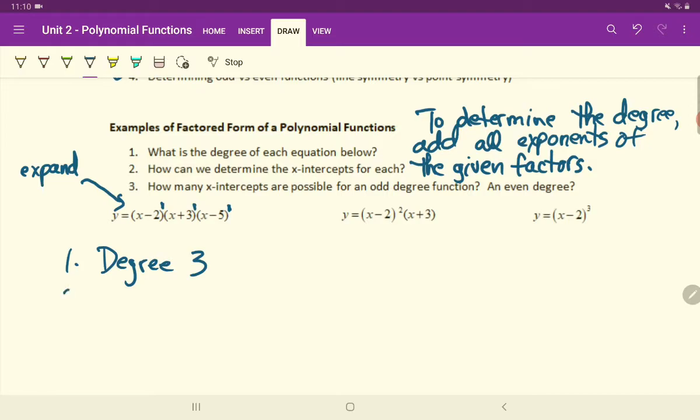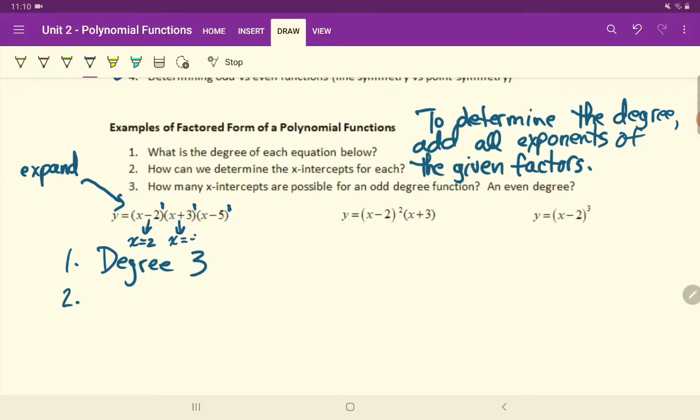Number 2, let's see if we can find the x-intercepts. What values of x will make the whole equation equal 0? Well, in this case, if x were positive 2, the whole equation would equal 0.